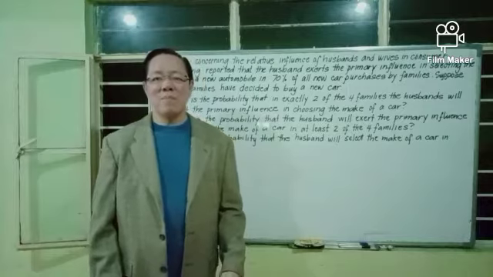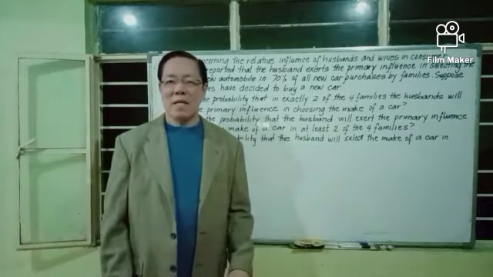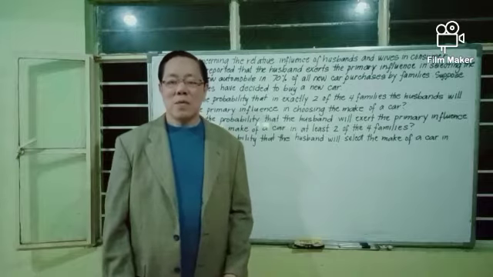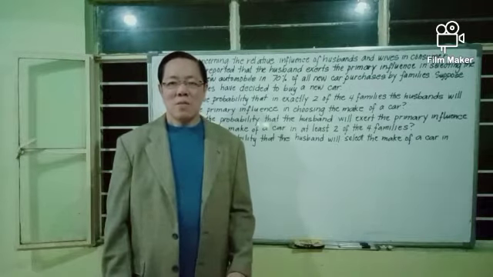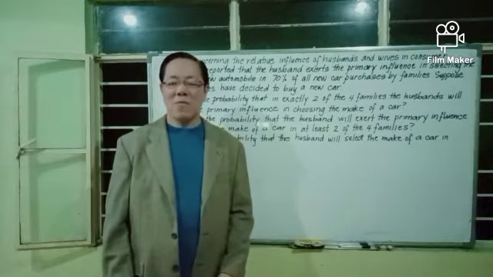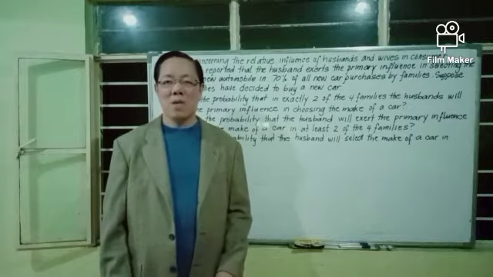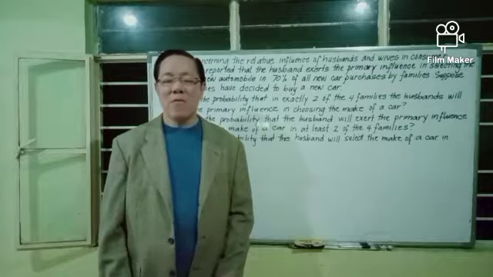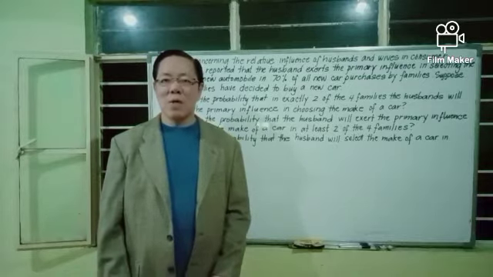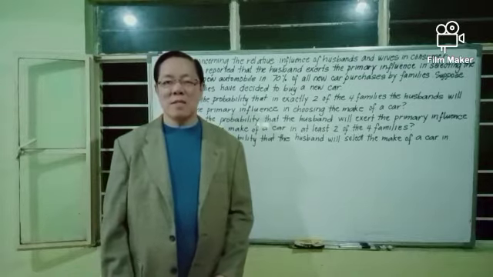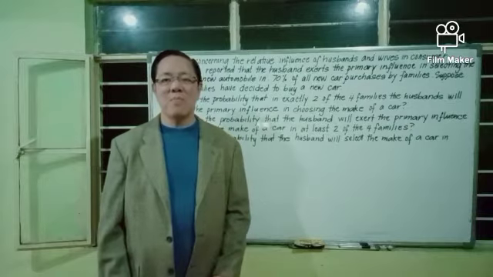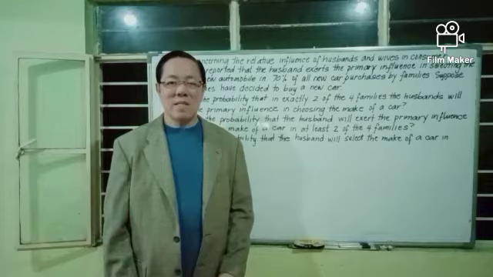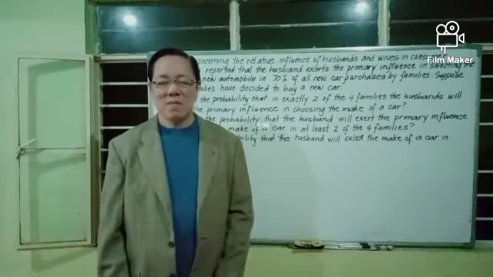In this problem, it is said that it is usually the husband who decides which make of a car or automobile to buy or purchase. And in all of the new car purchases, 70% of the purchases for a brand new automobile were decided by the husbands.